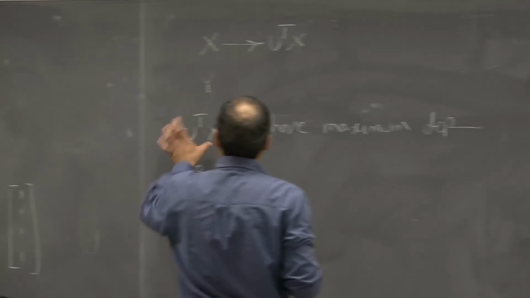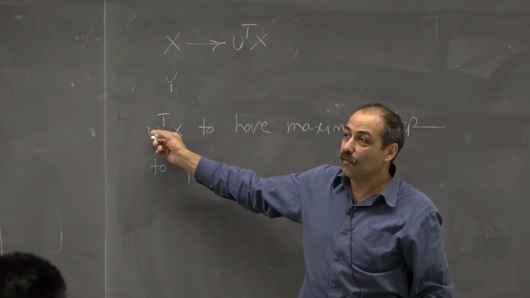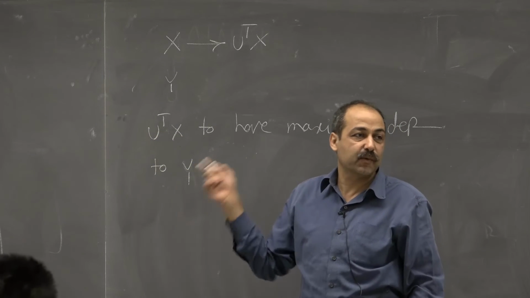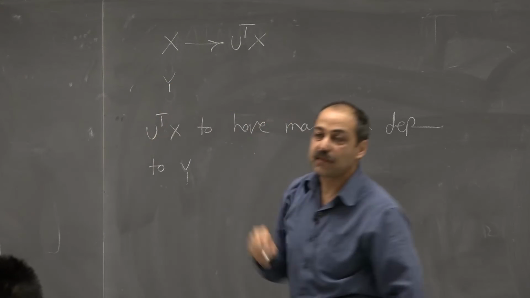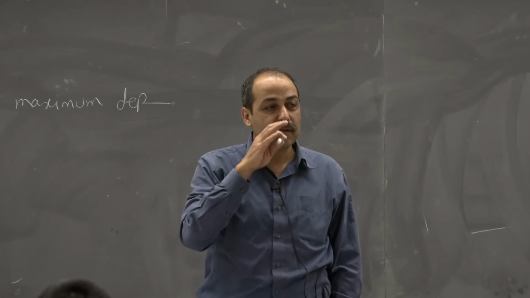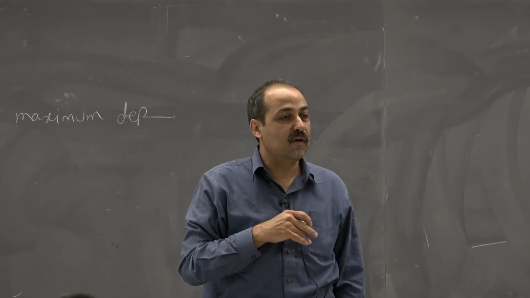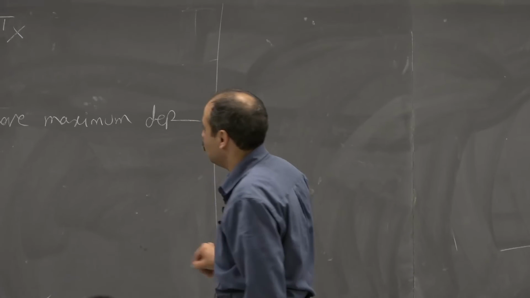Now, suppose that I mapped everything through U, and I have U transpose X. Make a kernel over U transpose X. Make a linear kernel over U transpose X. What would be a linear kernel over U transpose X?